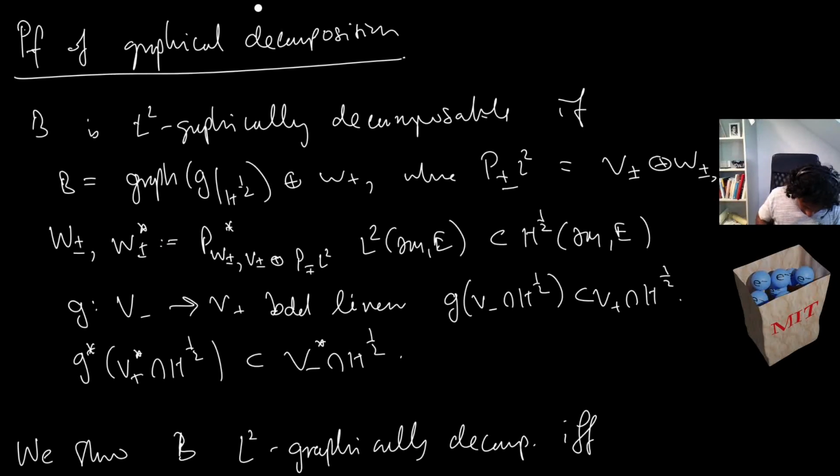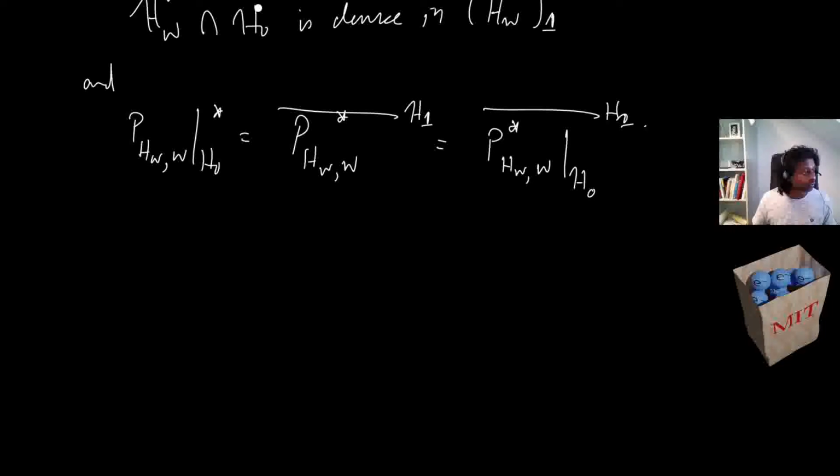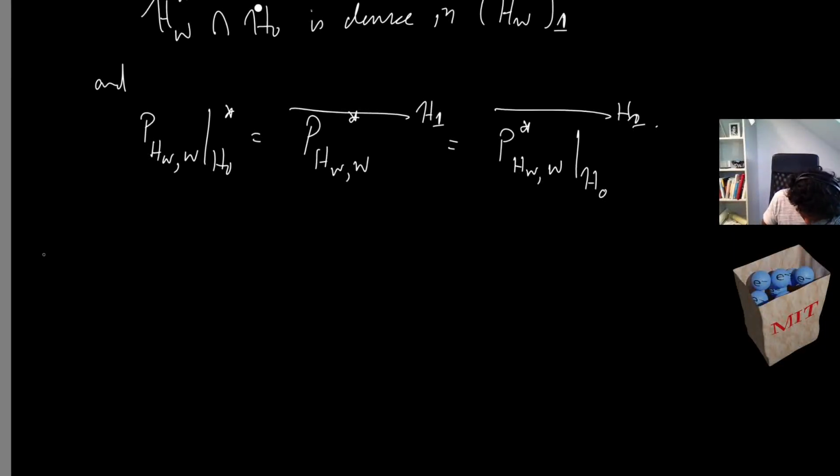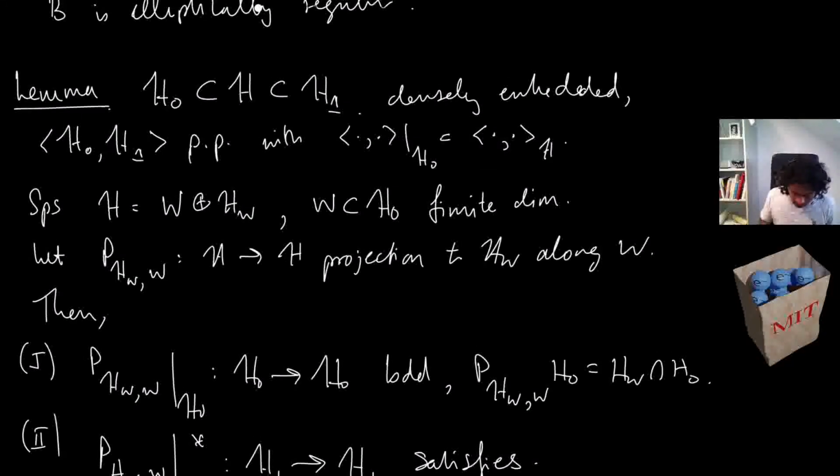Okay, let's have a look at the proof of this. I know it's a technical lemma, but this will simplify things for us greatly. So what is it really saying? It's saying that we have a space H naught, a space H, and a space H1, and all of these containments are dense embeddings.